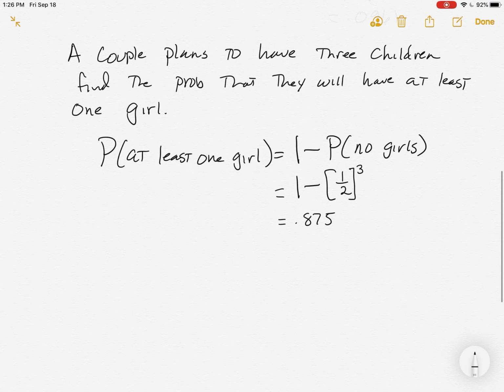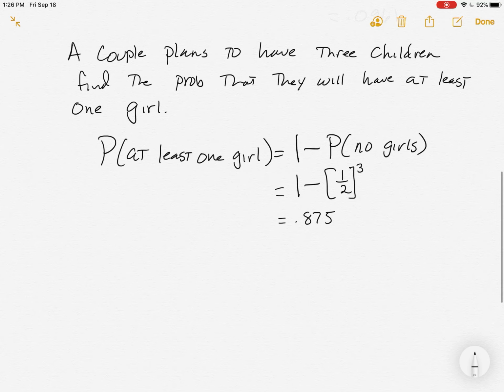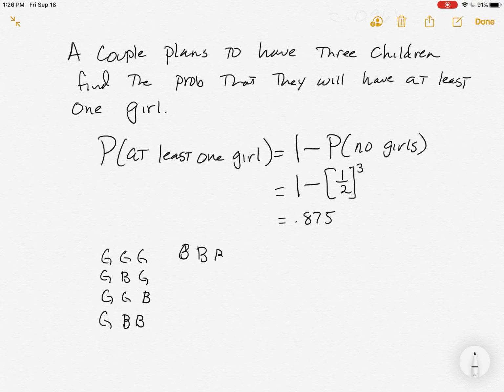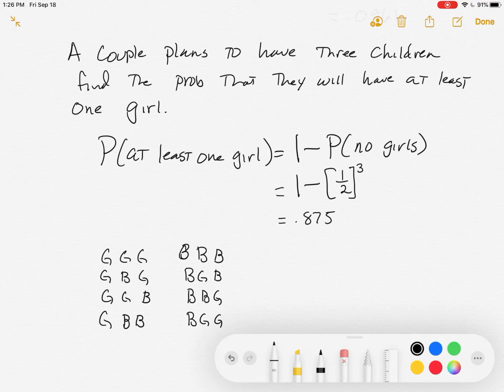Remember, we did this via a sample space before. And if we recreate that sample space, and just go really quickly and recreate this sample space, let's go highlight the ones that are at least one girl.